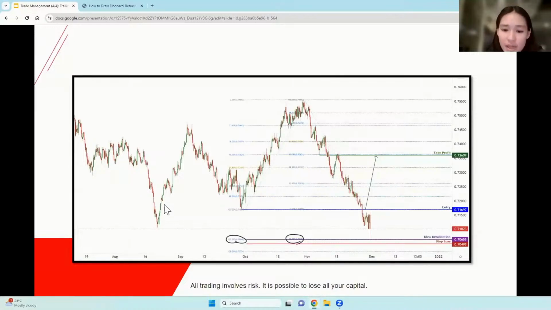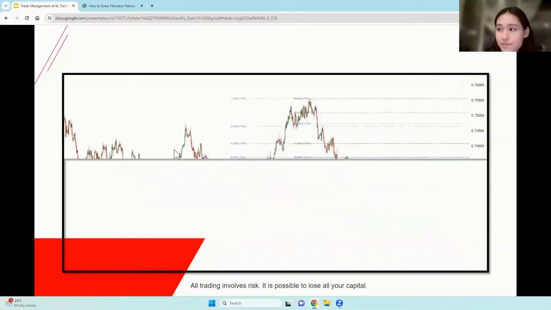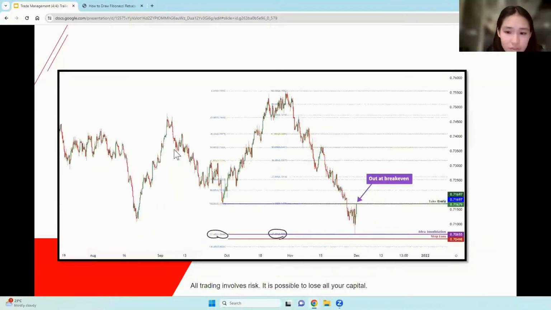You can see that's exactly what happened over here. And then once it hits our idea invalidation, we move our take profit down towards our entry so that we get out at break even.